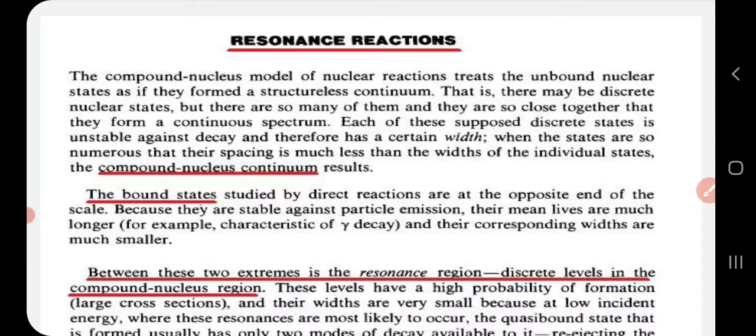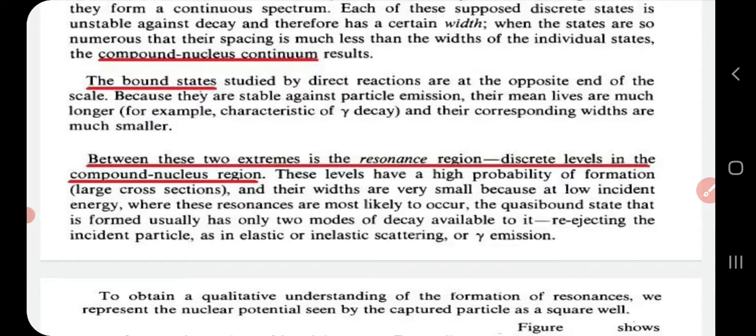That means their mean life will be longer, and since they are stable, their width will be small. So, compound nuclear state and bound state are the two extremes of the same scale. The compound nuclear state is unstable, it will decay, and its width will be high, whereas a bound state is stable, so it will not decay and its width is small.